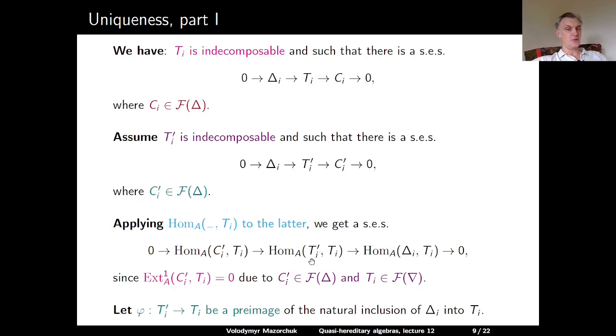Since this map from Hom(Ti prime, Ti) to Hom(delta I, Ti) is surjective, we can fix a preimage phi of this natural inclusion of delta I into Ti, and our phi is a map from Ti prime to Ti.